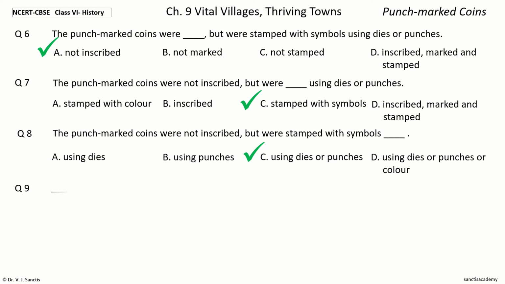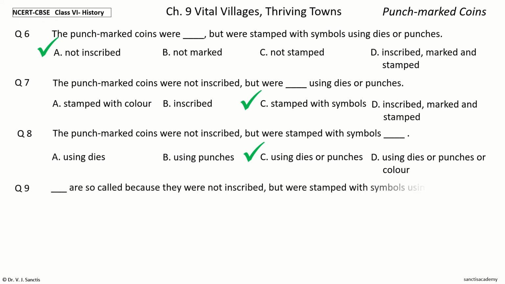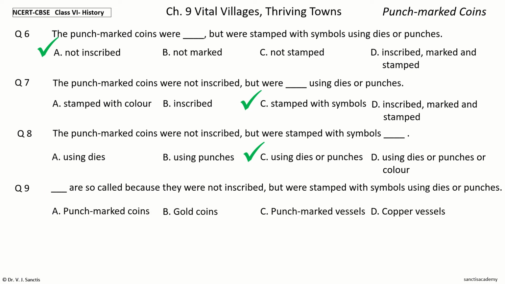Question 9. Dash are so called because they were not inscribed but were stamped with symbols using dies or punches. The options are punch-marked coins, gold coins, punch-marked vessels, copper vessels.